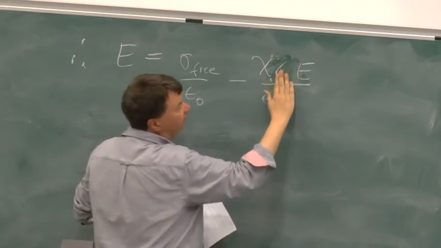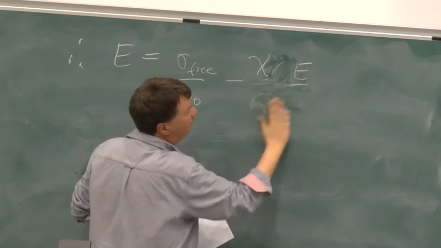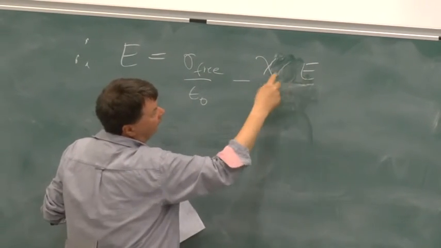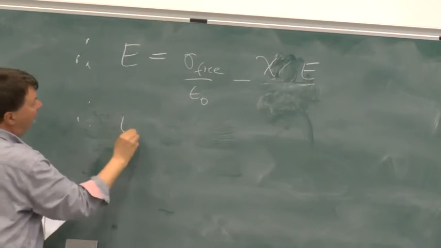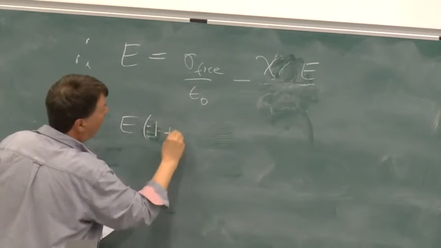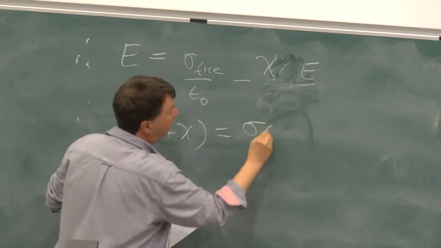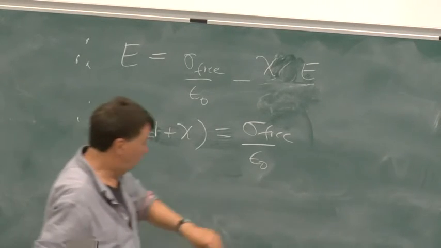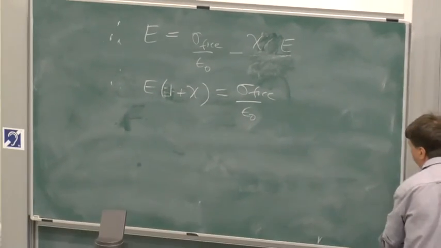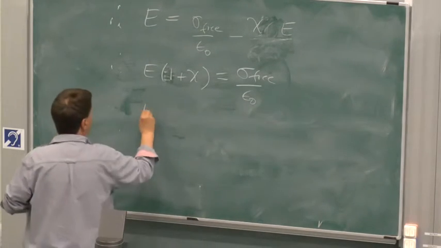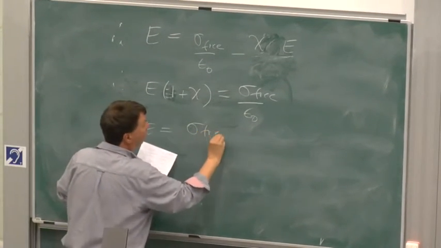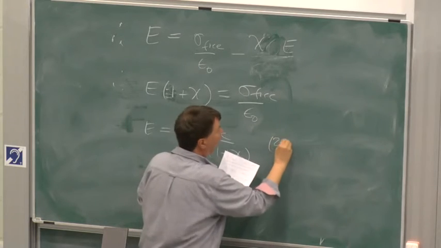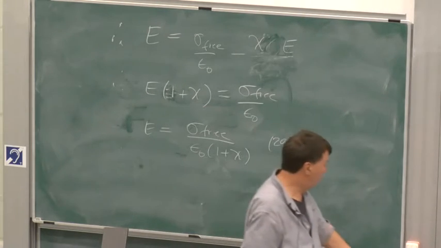So obviously these epsilon naughts cancel. This is maybe why things were done in this way early on. And we take this minus chi E over to this side. So therefore E into 1 plus chi is equal to sigma free over epsilon naught. So again, I'll probably overcook this simple bit of algebra, but E is equal to sigma free over epsilon naught into 1 plus chi. So lots of equations, but very easy algebra.